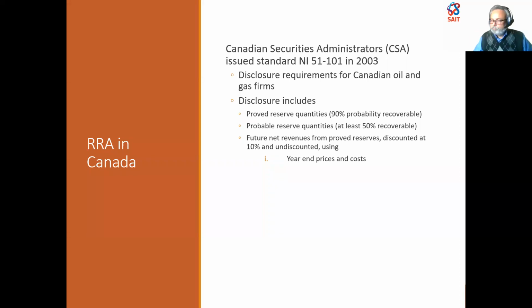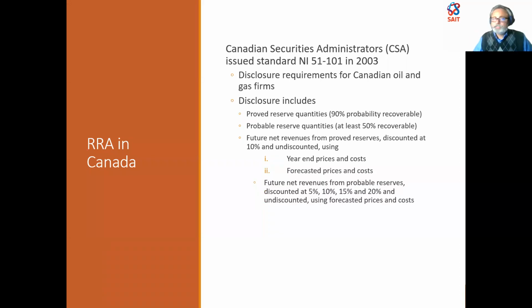So they need you to do scenarios using year-end prices, forecast prices, and then play around with sensitivity using a 5% discount rate, a 15% discount rate, 20% discount rate, undiscounted values. So the idea is to kind of give a sense of what the sensitivities will be to the amounts if interest rates were to change. And we've seen interest rates changed very quickly, right?